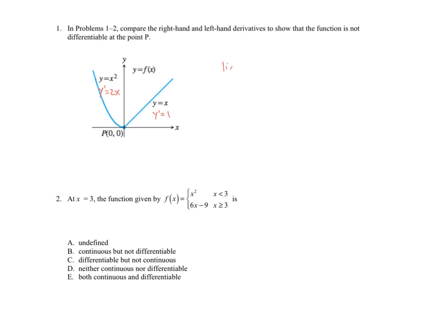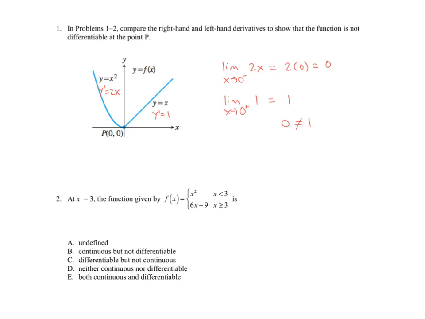So the limit as x approaches 0 from the left of 2x would be 2 times 0, which is 0. The limit as x approaches 0 from the right of 1 would equal 1. And 0 does not equal 1, so the left-hand derivative does not equal the right-hand derivative.